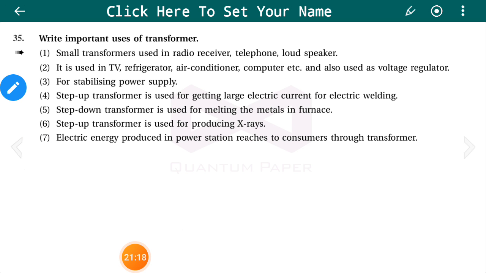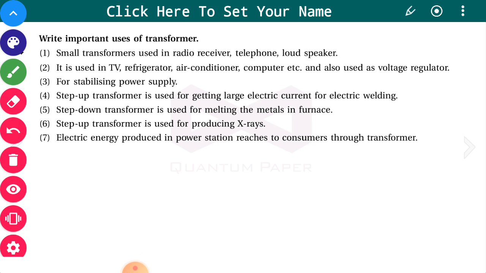Now these are some of the important uses of transformers. Small transformers are used in the radio, receiver, telephone, loudspeaker, etc. Also it is used in TV, refrigerator, air conditioner, computer, etc. for voltage regulator, for stabilizing power supply.